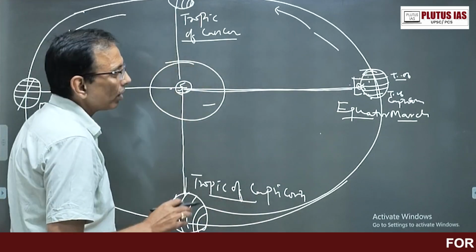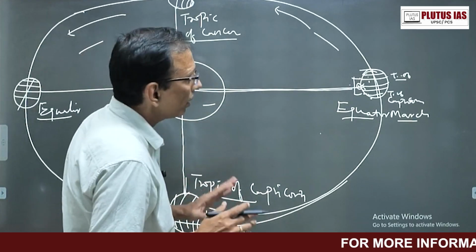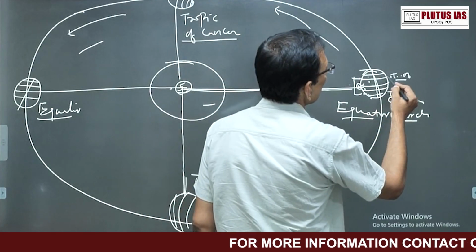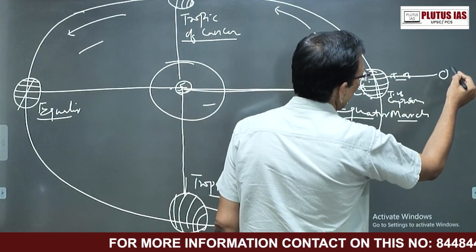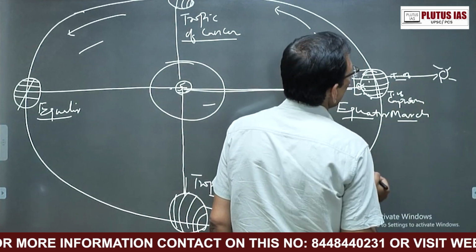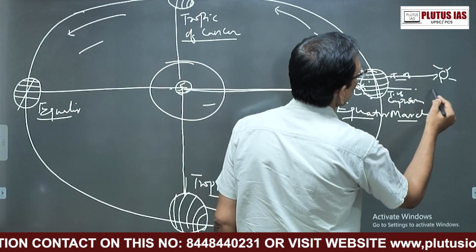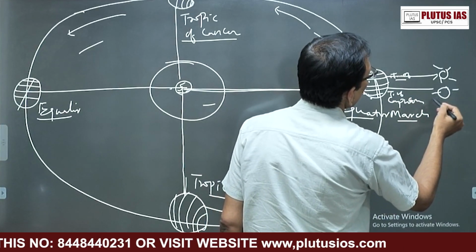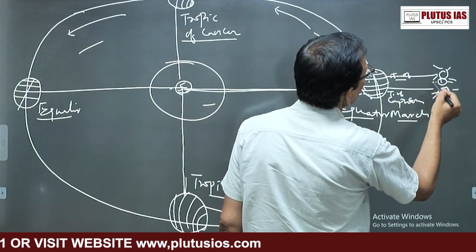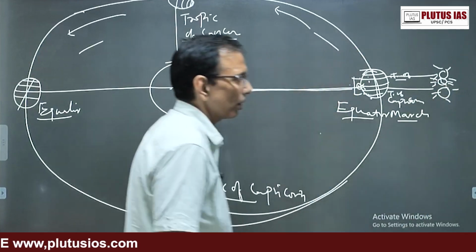So what we have concluded is that the relative position of the Sun would be either over the Tropic of Capricorn or Cancer or between those positions.